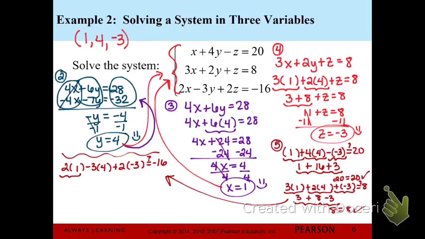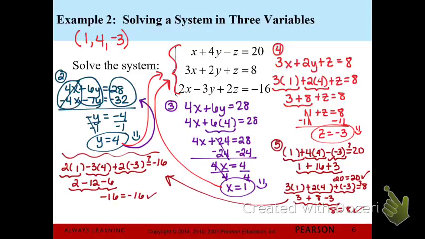What's 2 times 1? 2. Negative 3 times 4, negative 12. And 2 times negative 3. 2 minus 12, negative 10. Negative 10 minus 6, negative 16. And that's what we wanted.